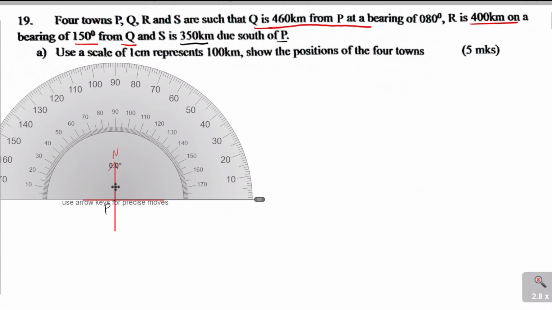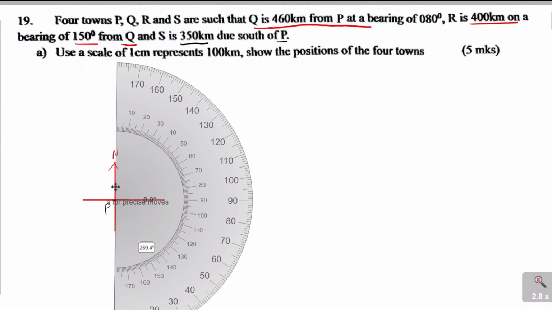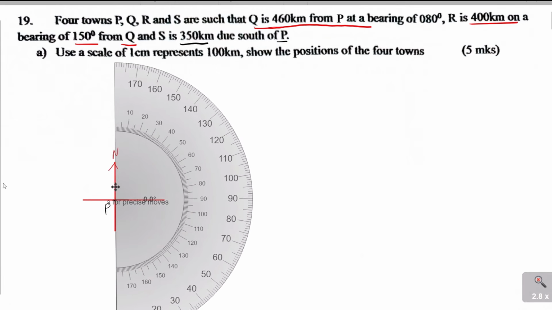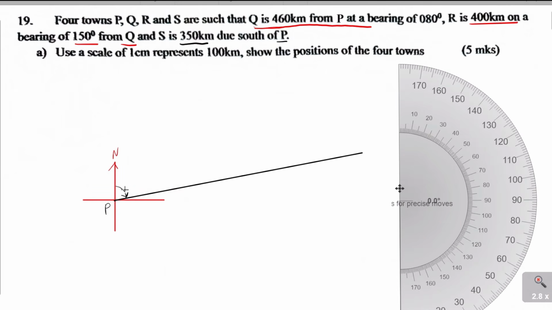The best way you can measure these is like that. So 080 from the center here. You can see 80 will be there. From here we have 10, 20 up to 80. So that is 80 degrees, the angle 080.